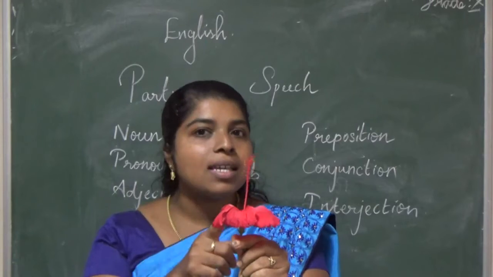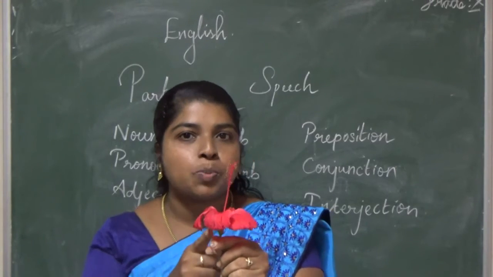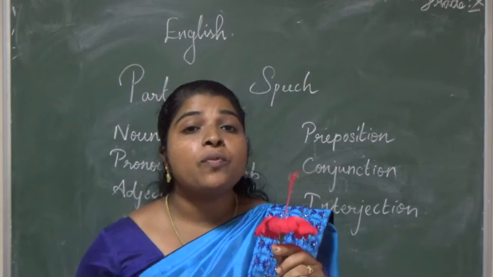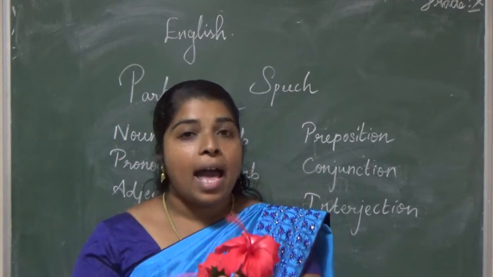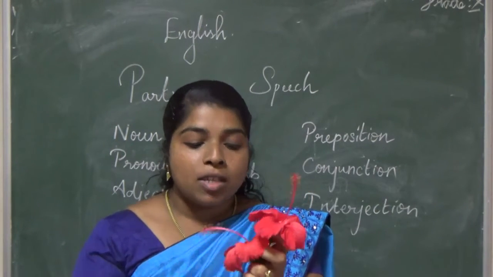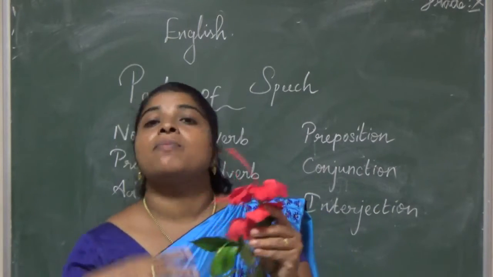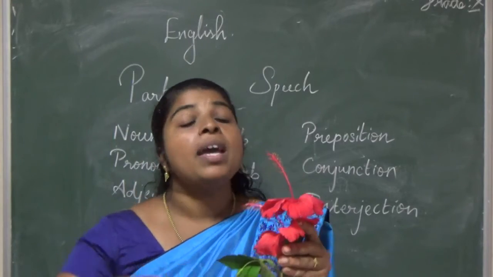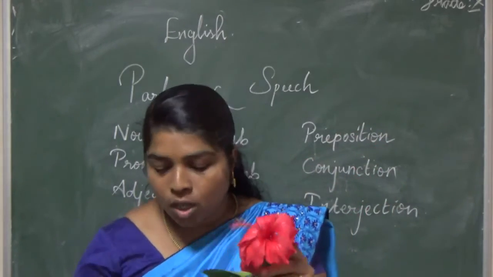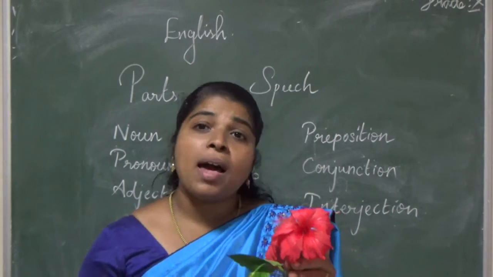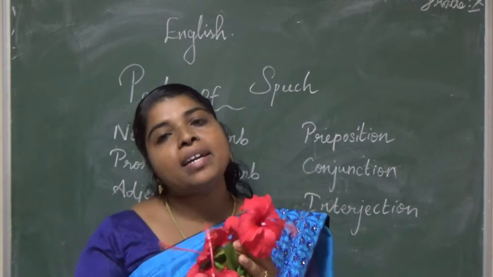So just recall: this is a flower, that is a noun. This or it we are mentioning, that is a pronoun. Beautiful flower or red flower, we make it an adjective. Then this flower blooms. Blooms means verb here. It blooms everywhere, that is an adverb. Then I pluck these flowers from my garden.